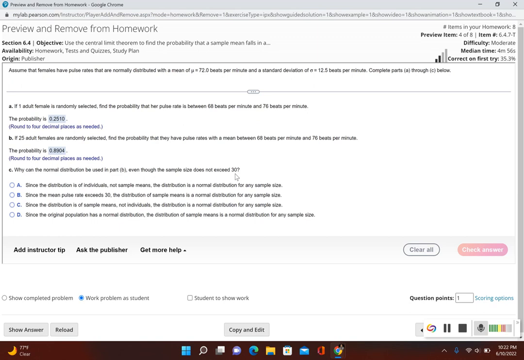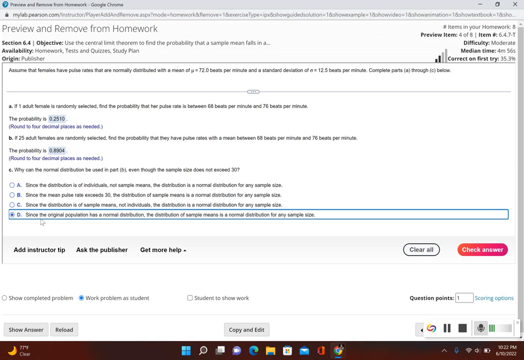Well, our sample size here is 25, but since we were given that females have pulse rates that are normally distributed, so their original population is normally distributed, that's why a normal distribution can be used here. So let's take a look at which answer choice that is.